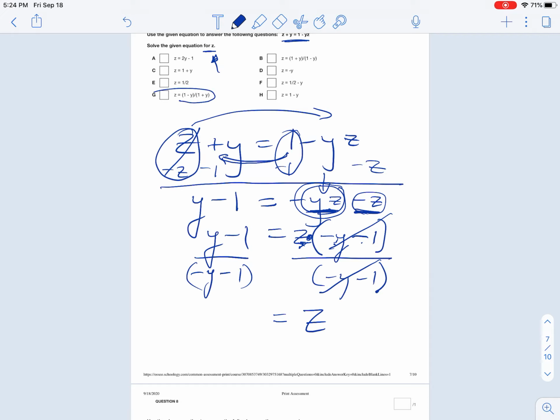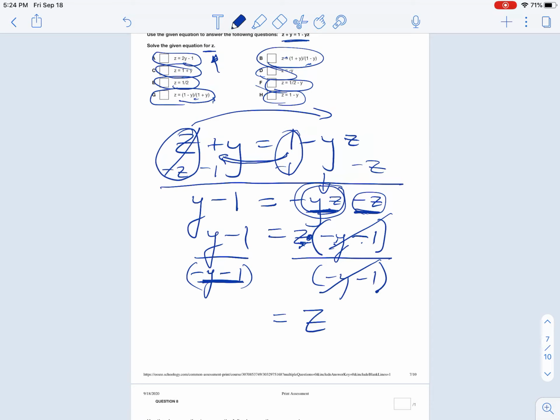But what I notice is there's nothing up here that is exactly like, I mean, these two are close, but there's nothing like what I have here that looks like that. So what I'm going to do is say, okay, is there anything else in here that I could take out?